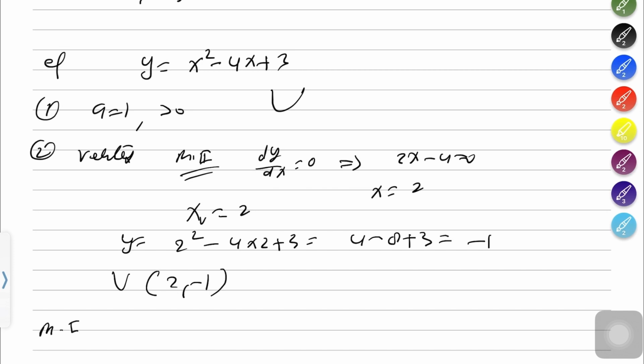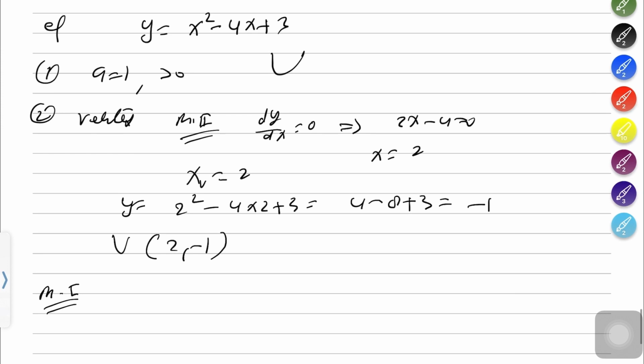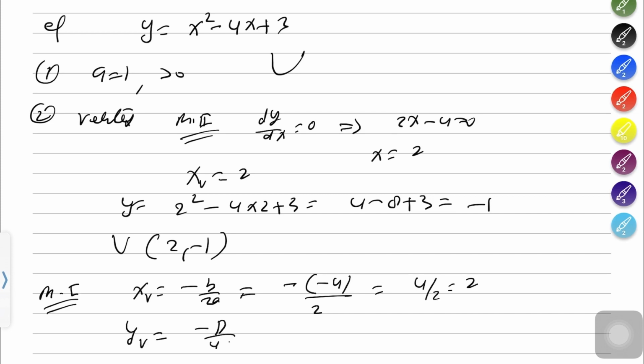Let's talk about the first method also. The x coordinate is minus b upon 2a, so minus b is 4 and a is 1, so 4 upon 2 is 2. The y coordinate is minus d upon 4a, where d is b square minus 4ac.